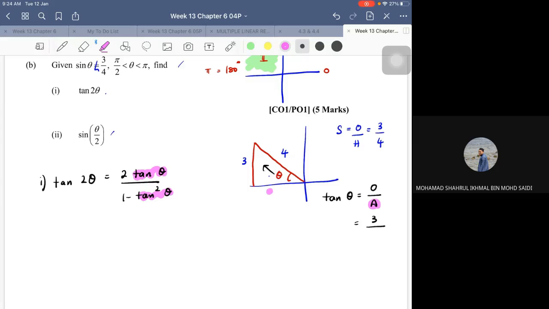So nilai adjacent kat mana? Nilai kat sini. So this is going to be our adjacent value kepada kita punya theta. So now can somebody tell me apa dia nilai adjacent? No, Azri, it's not going to be 5. Yang 3, 4, 5 tu 5 dekat hypotenuse. Sekarang hypotenuse kita 4. So apa dia nilai adjacent?